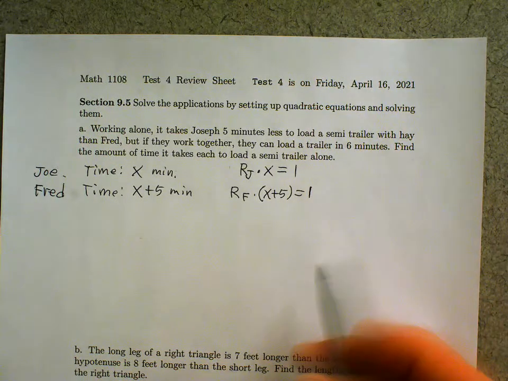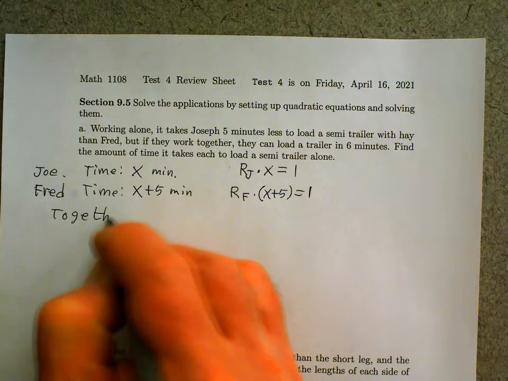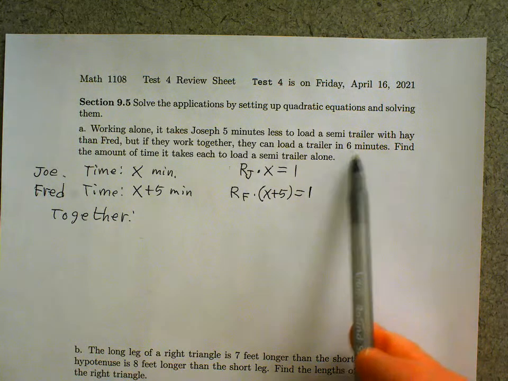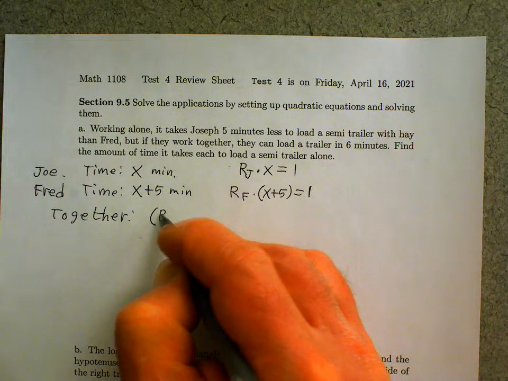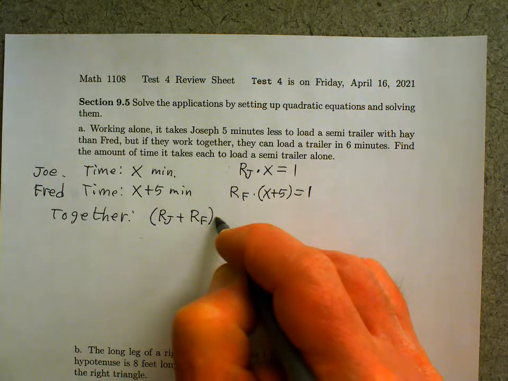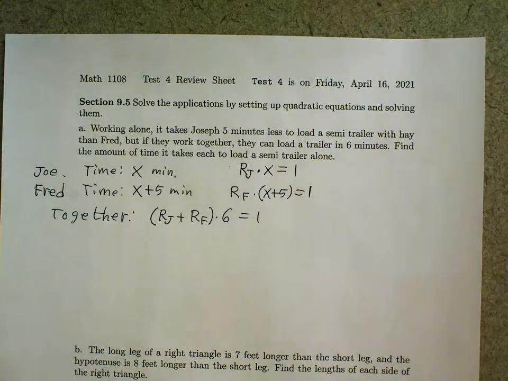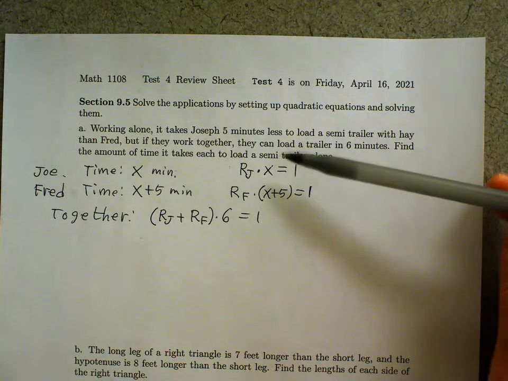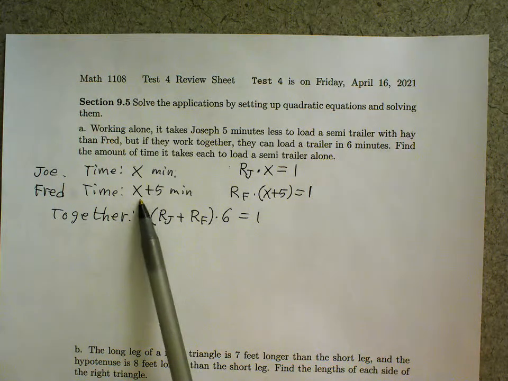And then when they work together, they can load the trailer in 6 minutes. So when they work together, Joe's rate plus Fred's rate times 6 equals 1. The goal is to solve for x so that we know what Joe's time is and Fred's time is.